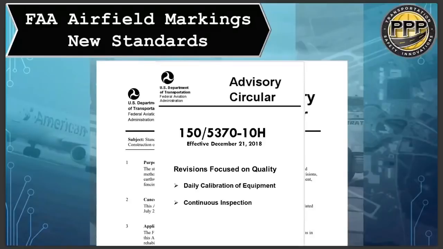The FAA is really focused on getting these applications to be their best, doing continuous inspection, and having a good QC or QA program in place during application. And then finally, they define this maintenance criteria, and we'll look at this newly defined maintenance criteria in detail in the next couple of slides.